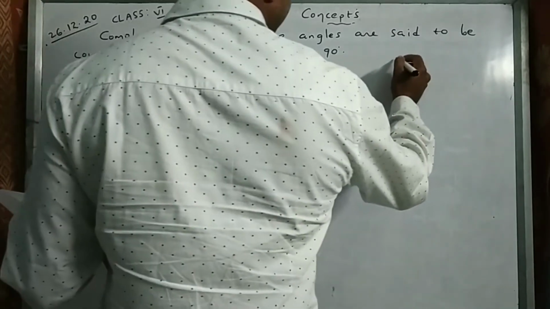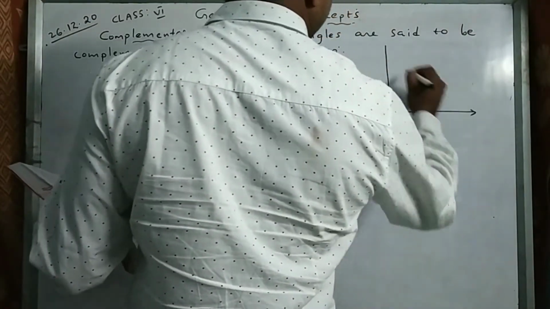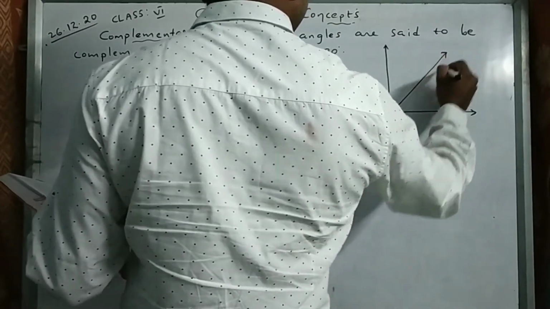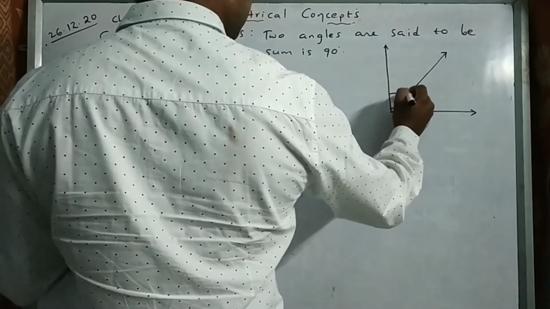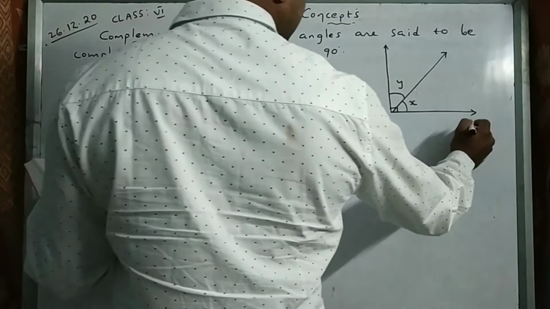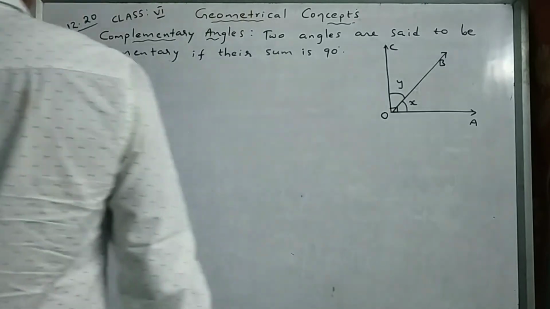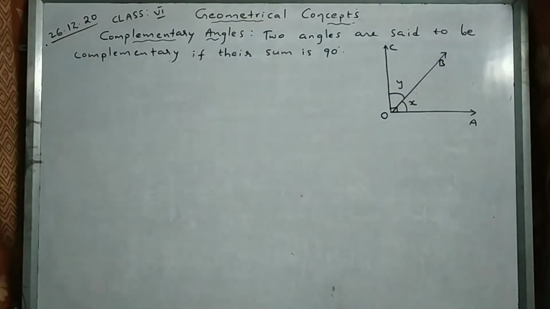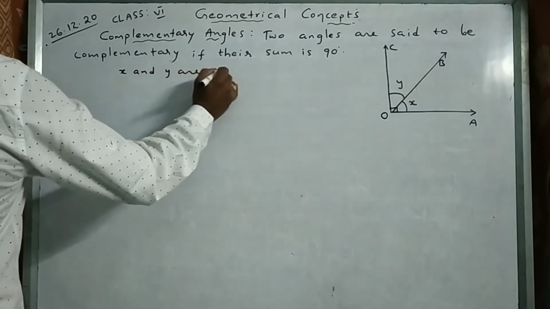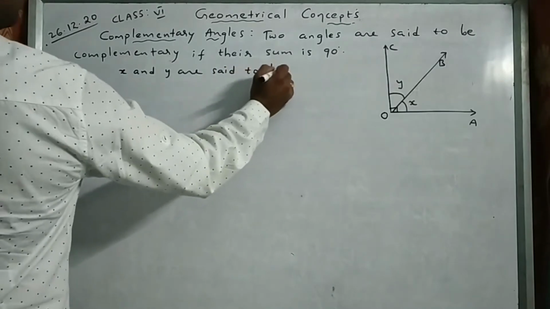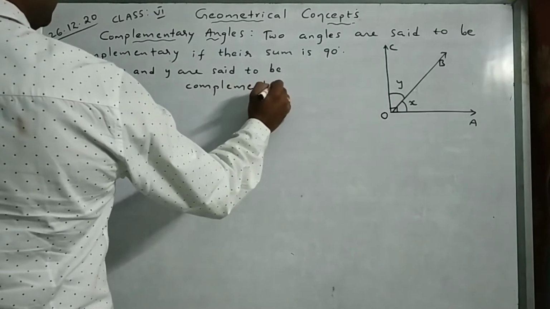For example, I will consider like this. I will take another ray here. So this is called 90 degrees. I will take this angle as x, this angle is y. Then we say that this is A, B, C, O. We say that X and Y are said to be complementary.